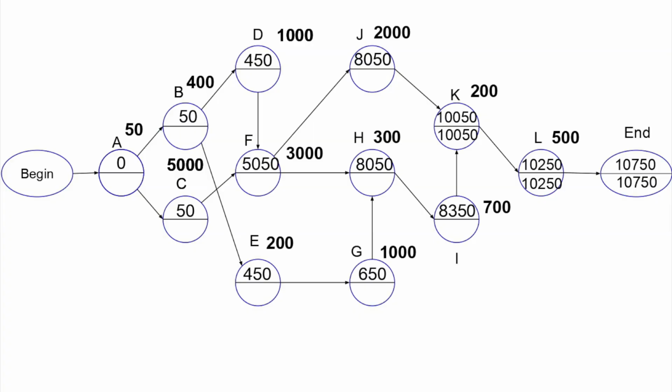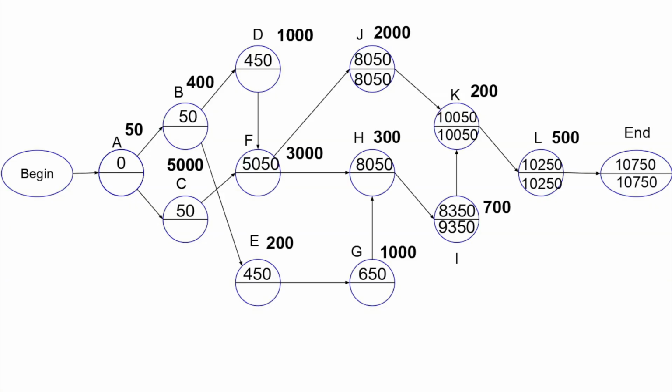Node K has two nodes leading to it, I, 700, and J, 2,000. In this case, we choose the node that has the shortest path length to K, which is I. Thus, we subtract 700 from 10,050, which is 9,350.